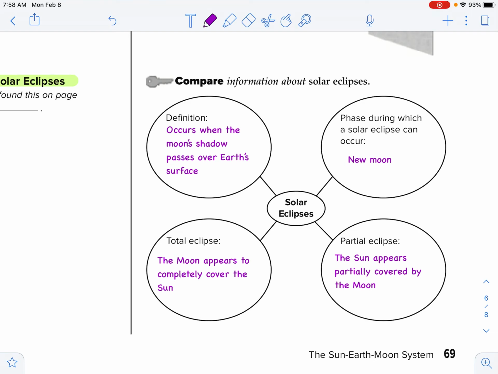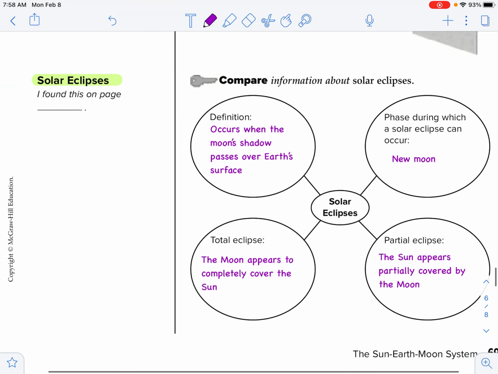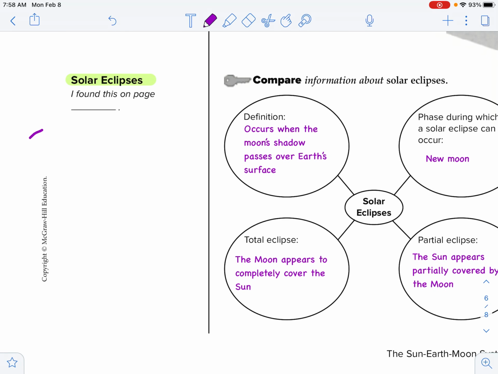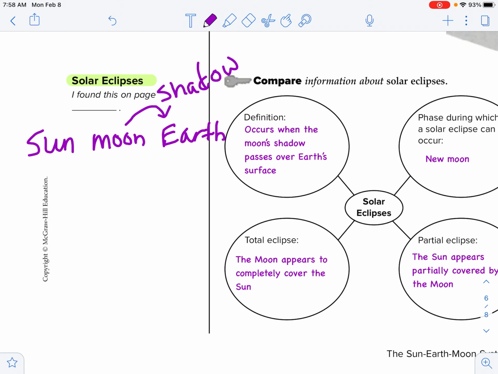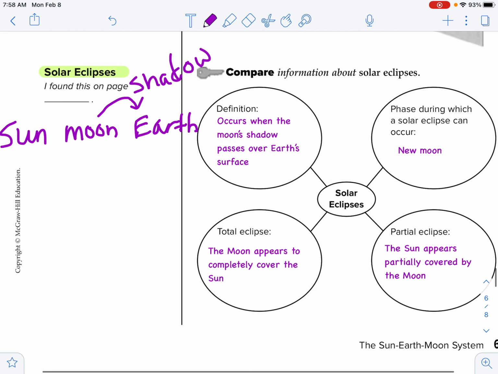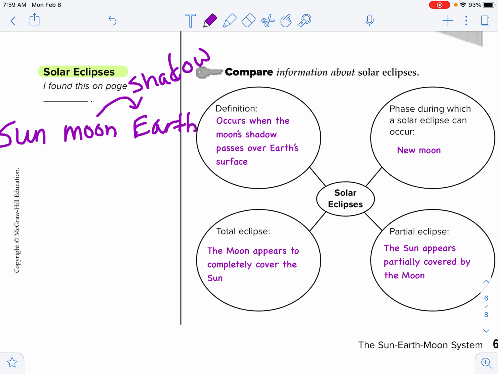The moon appears to completely cover the sun with a total eclipse, and the sun appears partially covered by the moon with a partial eclipse. So what we have going on here, the position would be the sun, the moon, and the earth. And the moon casts a shadow on earth. Okay, it's got to be lined up perfectly. Go ahead and stop this video. Make sure you get this all filled in.